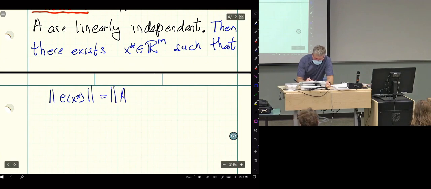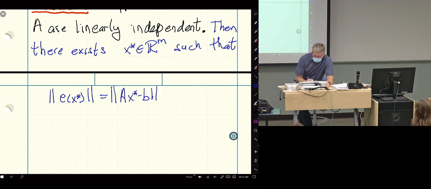That's the norm of A x star minus b. Look at this.